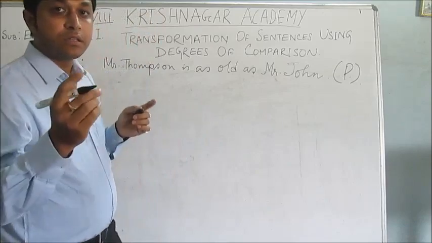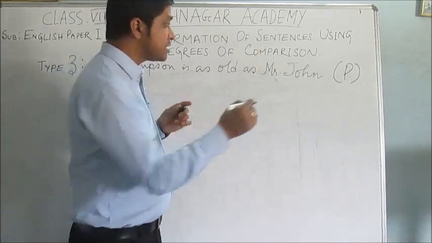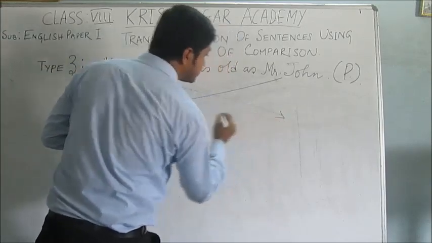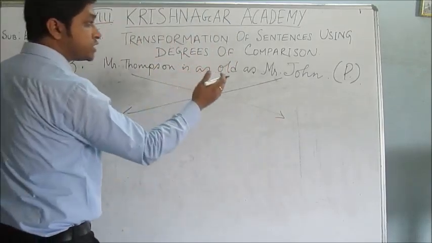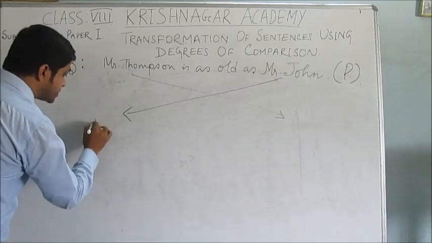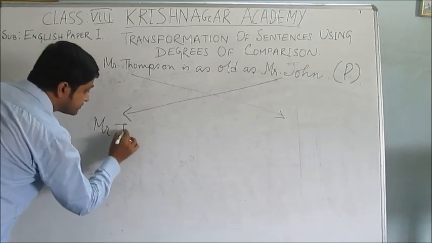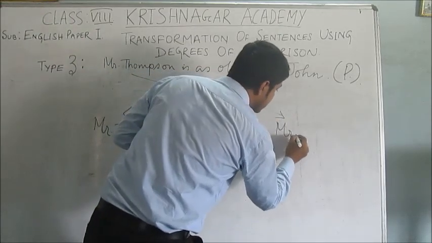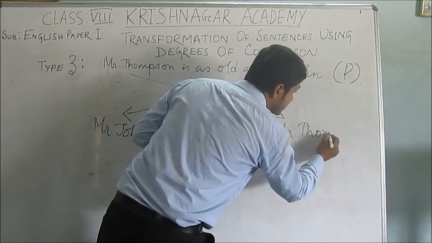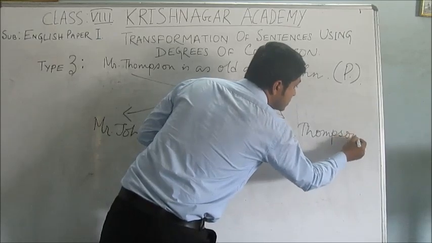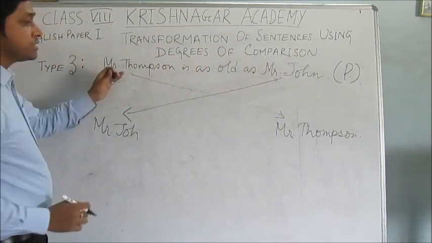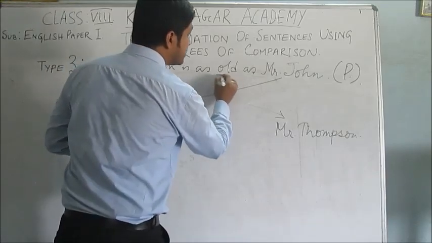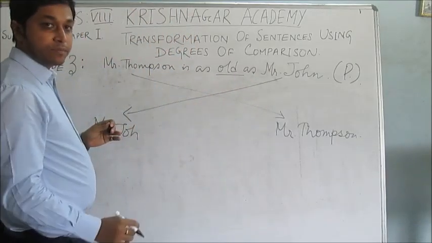How to do that? First point is swap the two persons. Change their position. Mr. John, let him come first. Mr. John. And let Mr. Thompson go at last. Mr. Thompson. So we have swapped the two persons. Now, swap the degree.